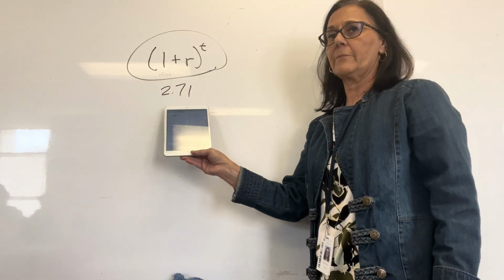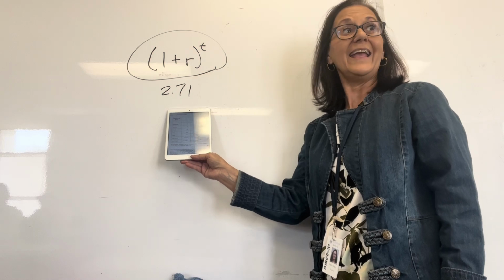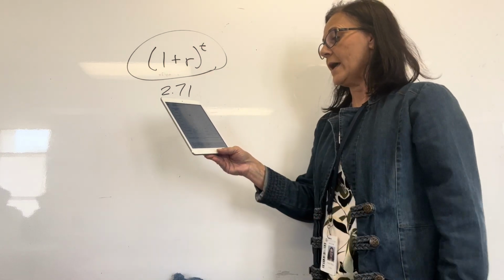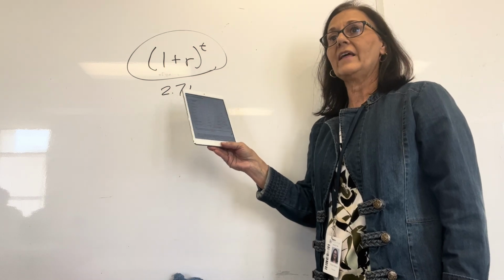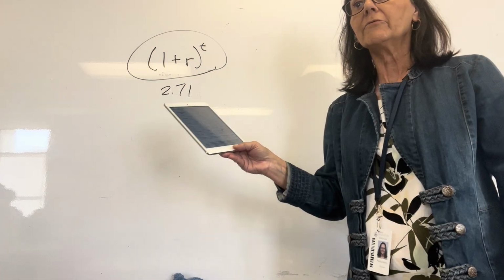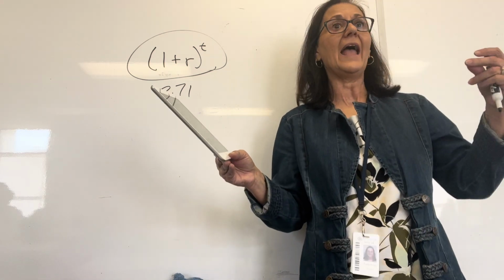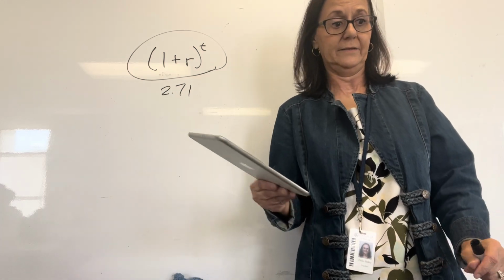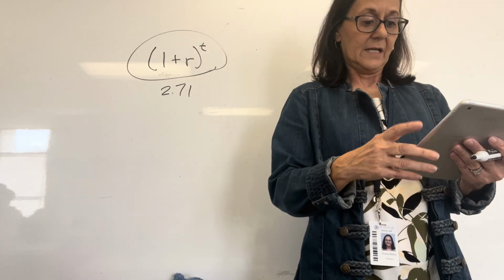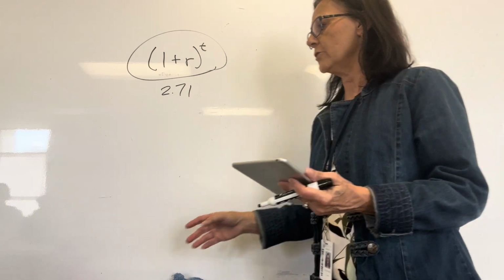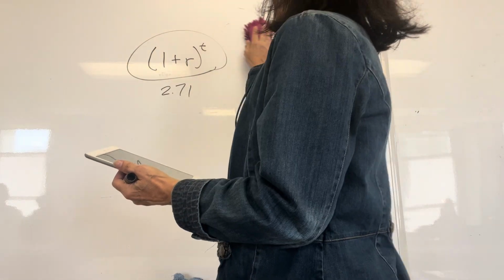What value is this approaching? E, that's right. Look when we get to every second, it's 2.7182825. That is so close to the value of E. So E literally means we're compounding every second, right? That's why we can use E. Does that make sense? That's the only reason we use E, when we hear the word continuous.